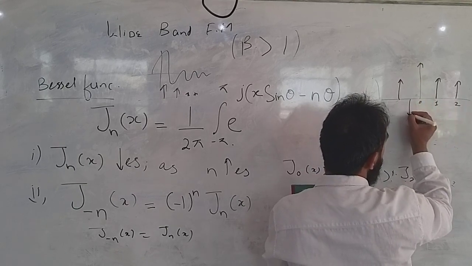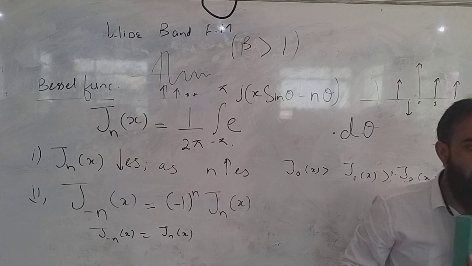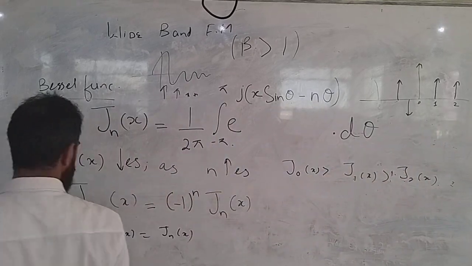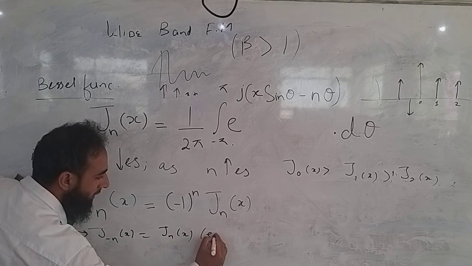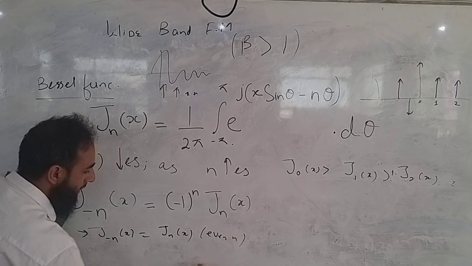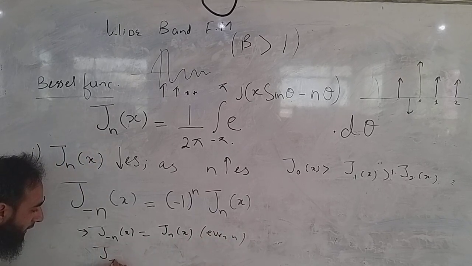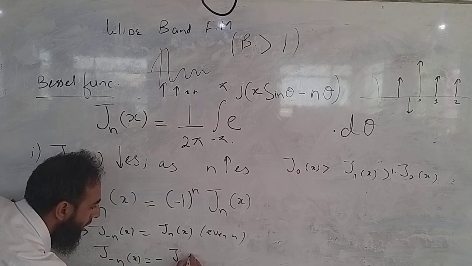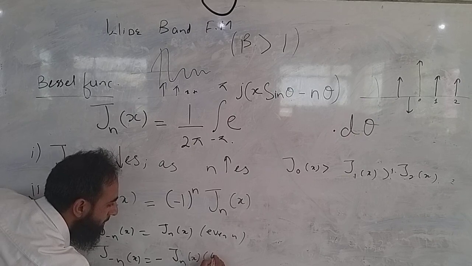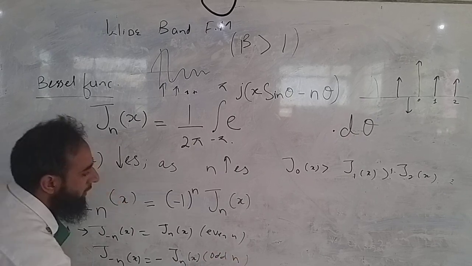But when n is odd, it is just negative. That's it. So write down: this is for even. And J of minus n of x equals minus Jn of x for odd values of n. Right?